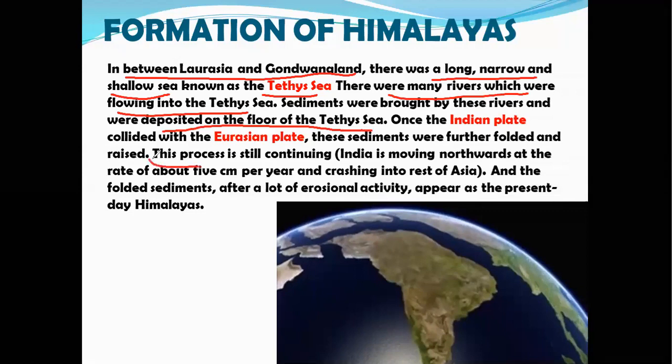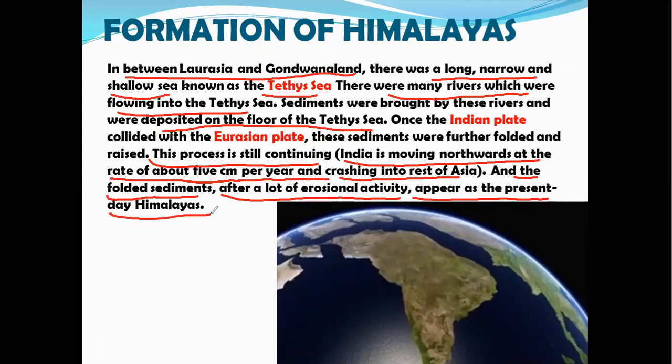And this process is still continuing, as India is moving northwards at a rate of about 5 centimeters per year, and it is crashing into the rest of Asia continuously. The folded sediments, after a lot of erosional activity by wind and water, appear as the present day Himalayas.